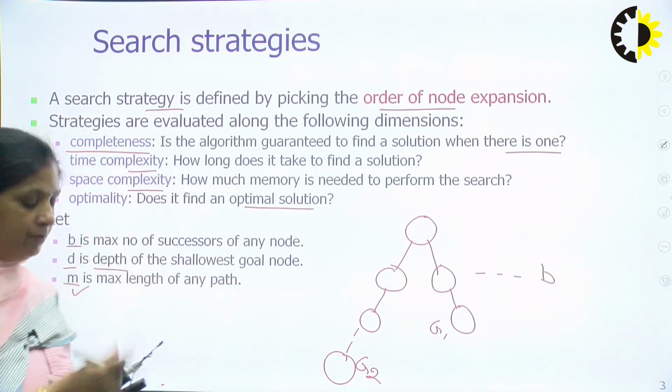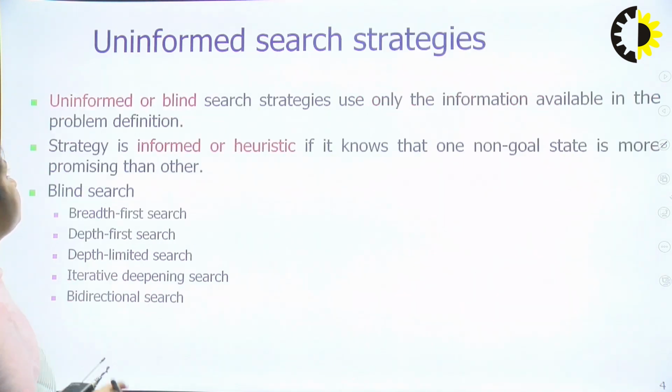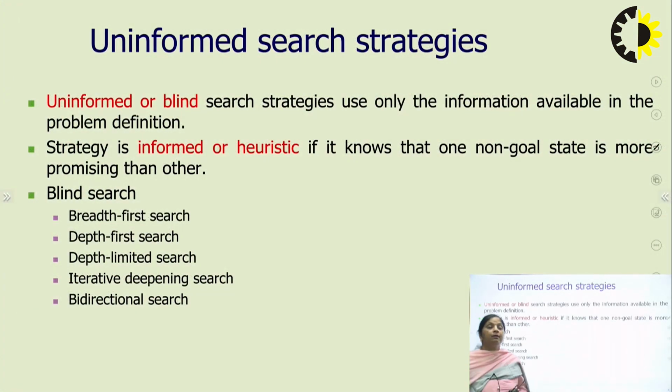So let us start with the concept. Uninformed search technique. What is uninformed search? Uninformed search means we are having only the problem. The problem definition is given and no other information with which we can get some guess is given.